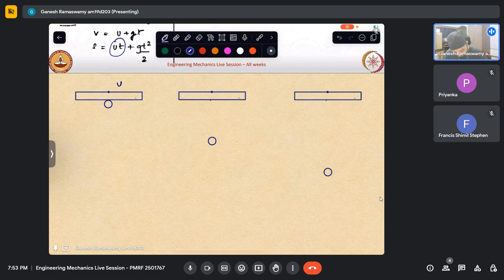So this is traveling with you. Let us say this is t naught, t1, t2. The airplane is again traveling with you. This ball is also traveling with you. At this point, what is the distance it would have traversed?